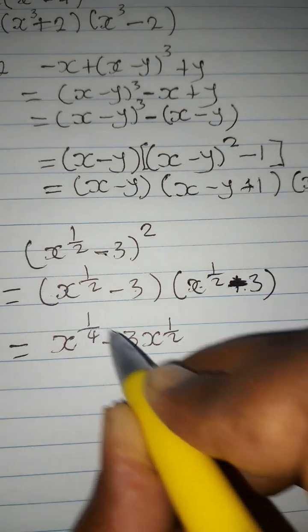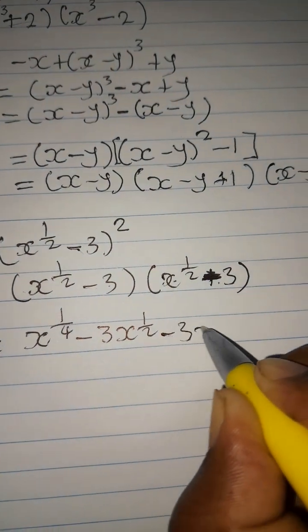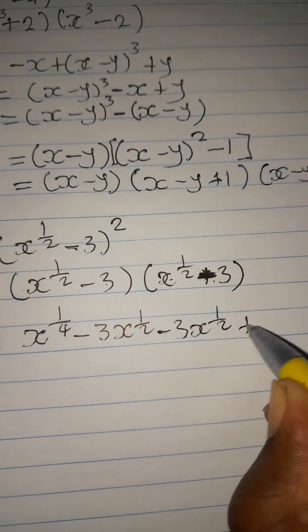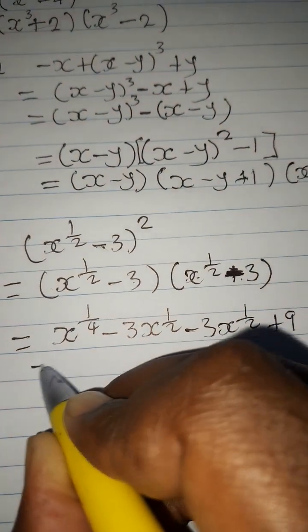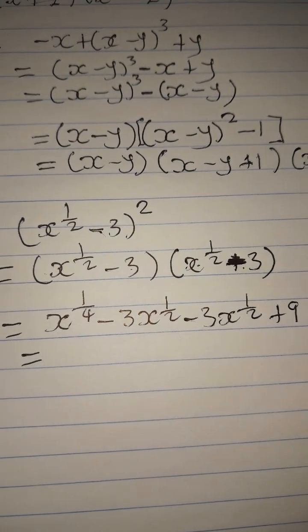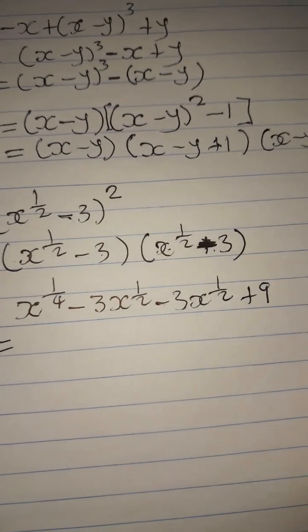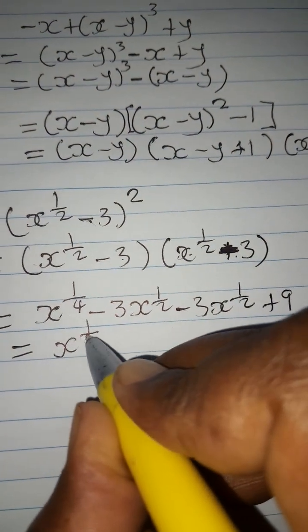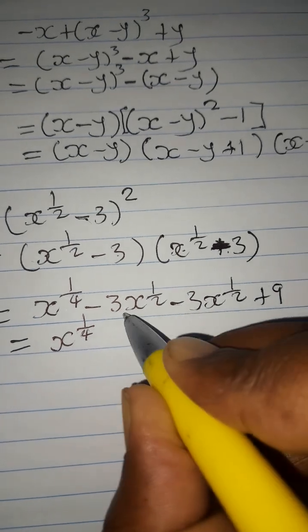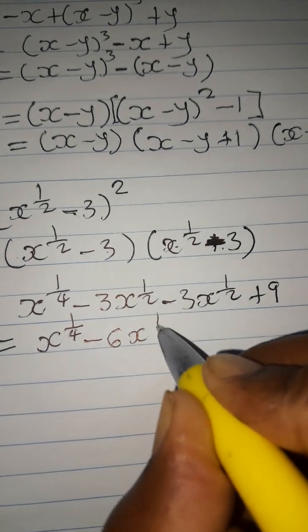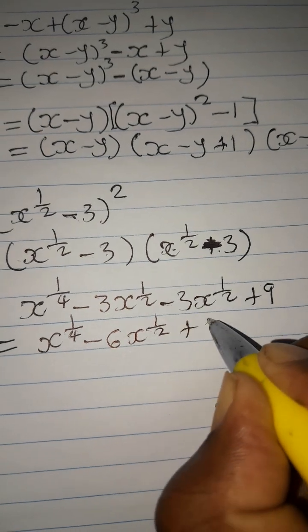Negative 3 multiplied by x half, that will be negative 3x half. Negative 3 multiplied by negative 3, that's 9. So we collect the like terms from here. You have x to the power of 1 over 4. The like terms here, negative 3 minus 3, that will be negative 6 x half, plus 9.